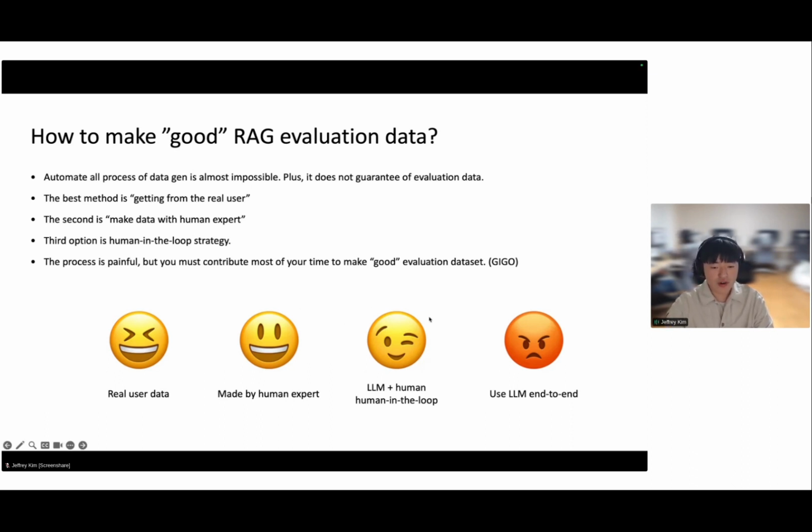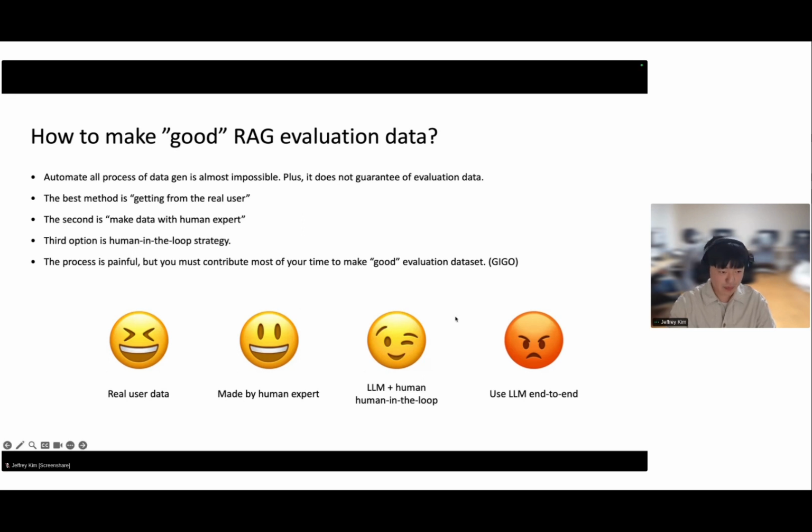And the worst part, and maybe the most impossible part, is just using the LLM end to end. Because as Sam Altman said, GPT-4 is quite dumb, it is not smart. So when you create a RAG evaluation dataset with just an LLM, the results will be quite awful.